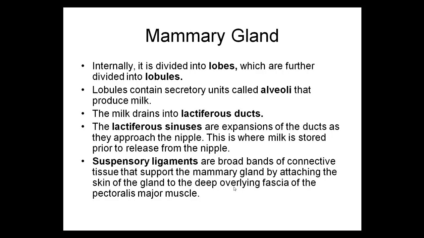The suspensory ligament is clinically relevant and important because it is what holds the breast firm in position instead of dropping. The important clinical aspect is that these connective tissue fibers, like I said, connect the deep fascia over the pectoralis major to the skin.